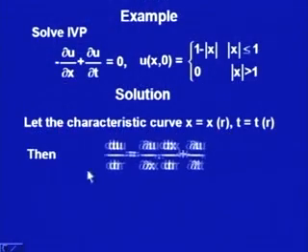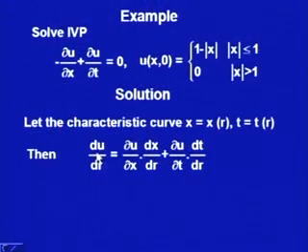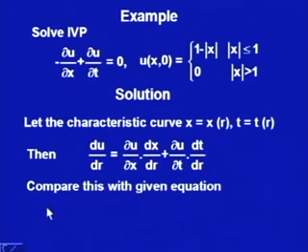So, we will assume the characteristic curve to be of the form x(r), t(r), and then we get this first order ordinary differential equation: du/dr equals ∂u/∂x times dx/dr plus ∂u/∂t times dt/dr. Now, compare this ordinary differential equation with the given partial differential equation, and we get the characteristics. dt/dr is 1, which says t is equal to r.